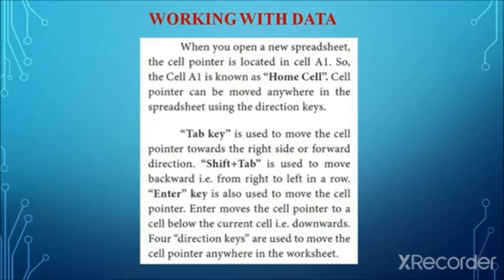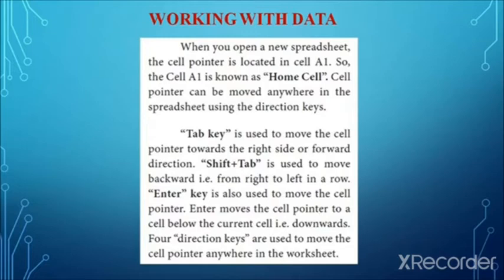or forward. When you press the tab key, the cell pointer will move one step forward, to the right side. When you press Shift plus Tab, holding the Shift key and the Tab key, the cell pointer will move left or backward. These are the navigation keys.